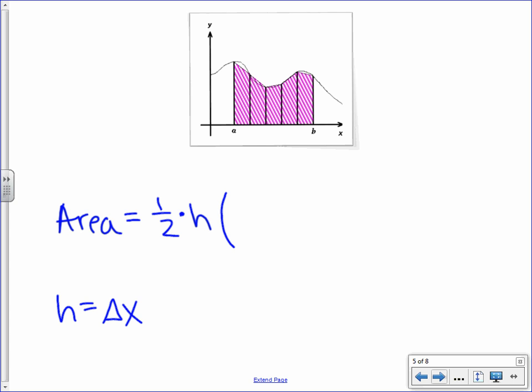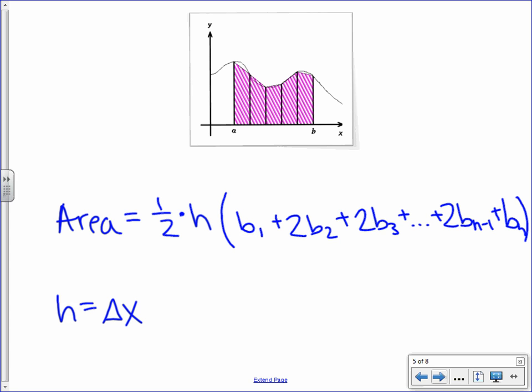Our first base is going to be by itself, but then we have to double our inner bases, and then our last base is by itself.